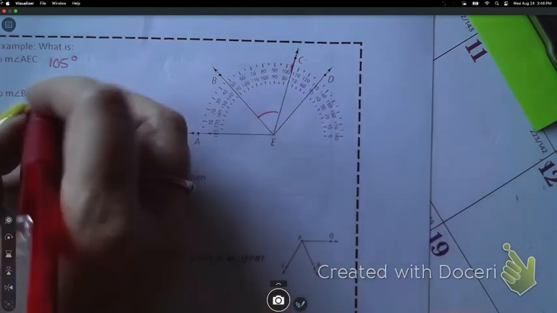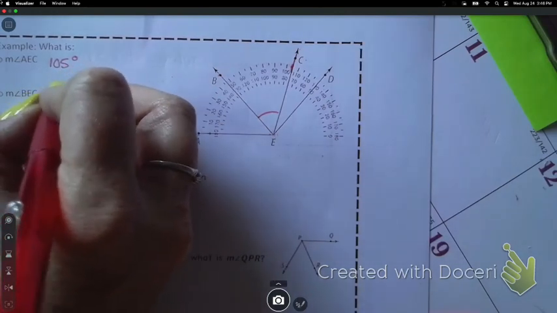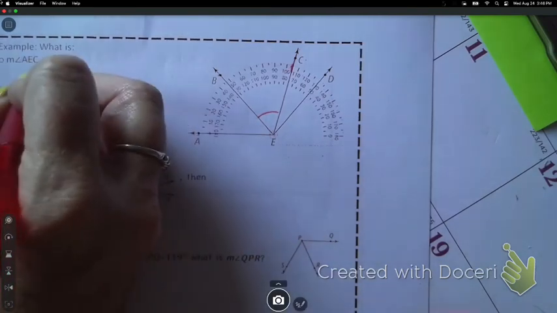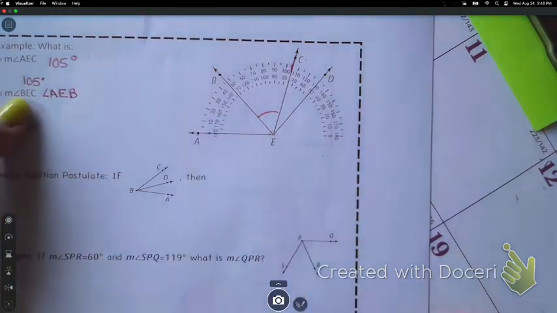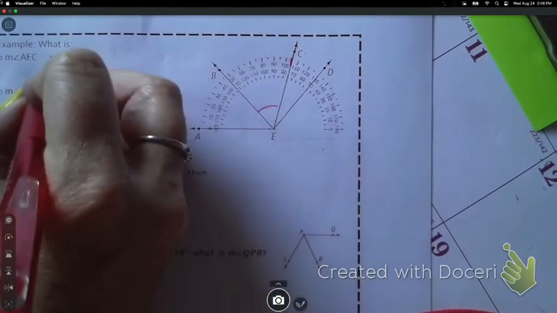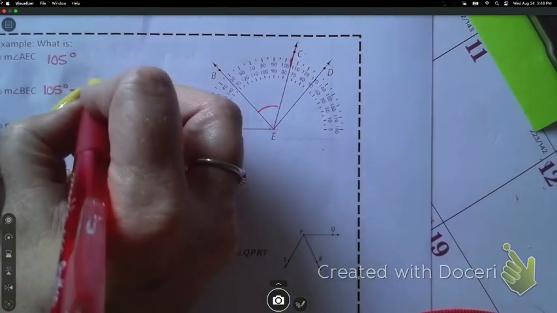Yeah. So my plan is to take 105 minus, I wrote that wrong, 105 minus angle AEB.